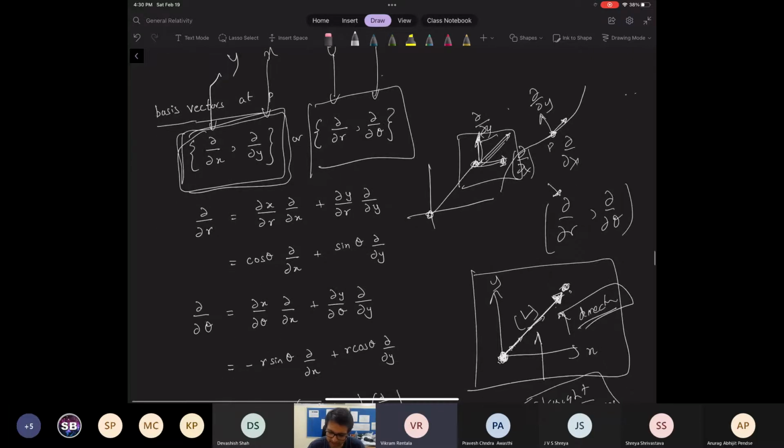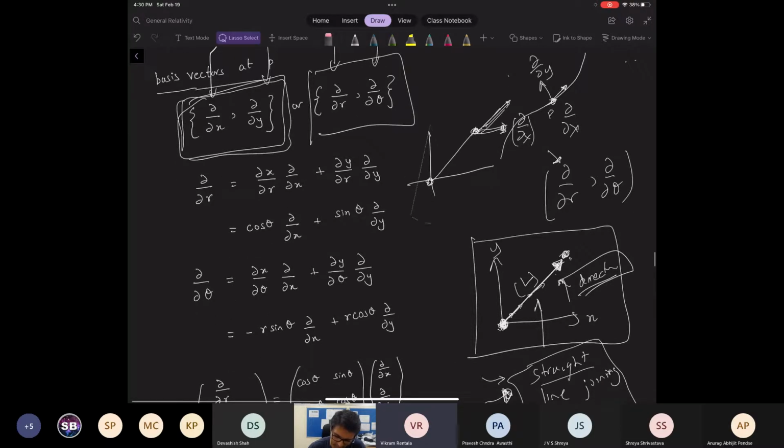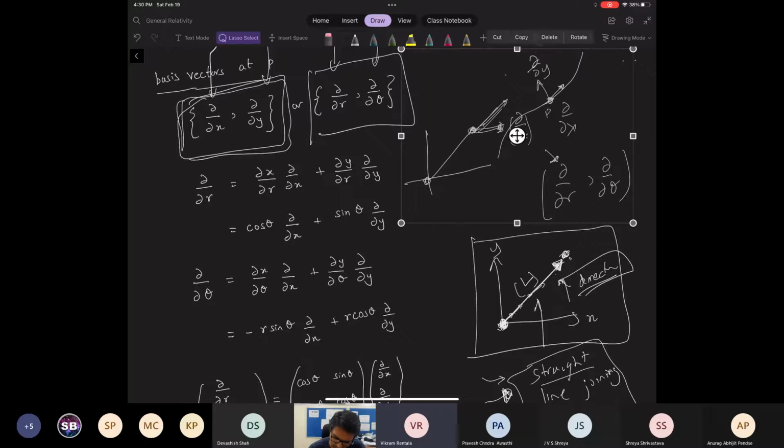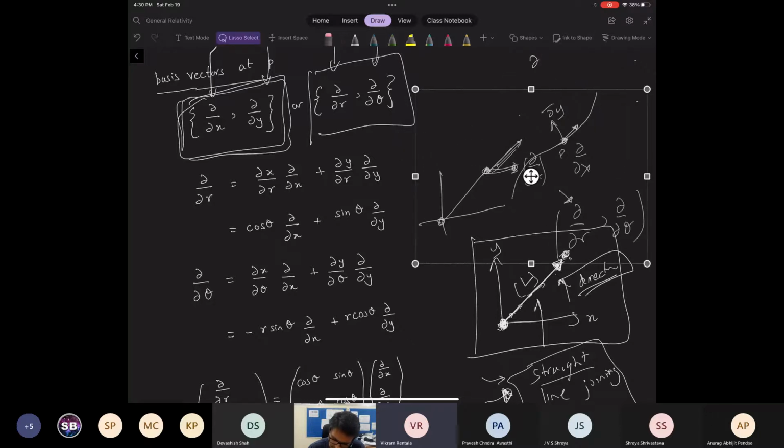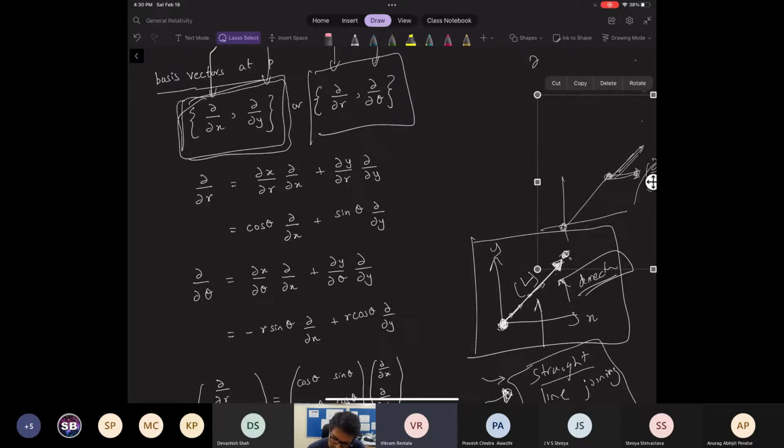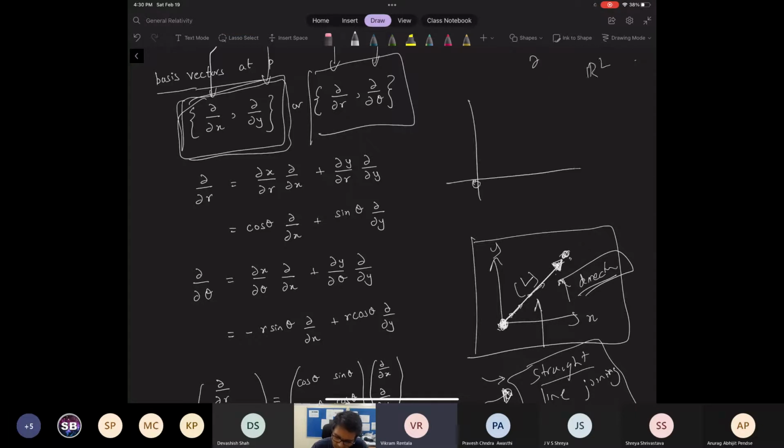Okay, now these are basis vectors. So now if I have a vector, let me just go back to my R2 and draw some point which is labeled by either xy or r theta.